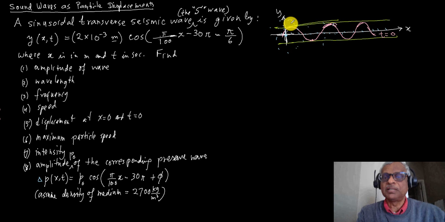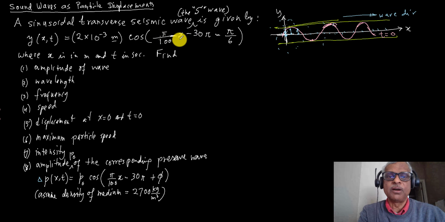So there was a particle at this place and it moved over here at time t equal to 0. Different particles moved over here, and so it's moving. The wave is going this way. This is the wave direction.